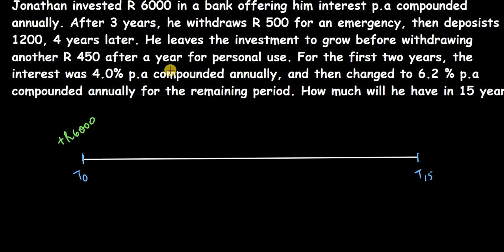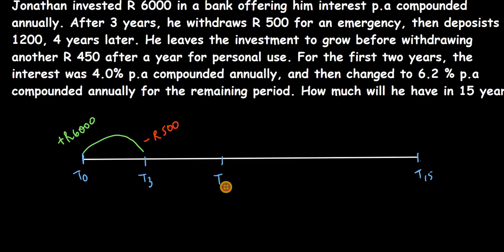It grew, and then after 3 years he withdrew. So we say he grows after 3 years. He withdraws some money. How much did he withdraw? He withdrew 500 rands. So remember, this was done after how long? This was done after 3 years, whereby he withdrew 500 rands.